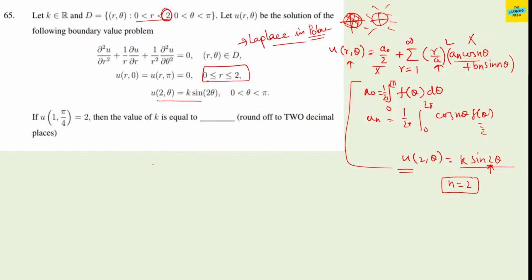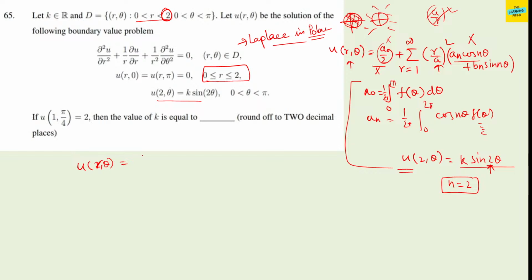This is the inside circle case, and for the outside circle, this r by a is just a by r. Only that changes. So u(r, theta), if we put a equal to 2, a0 is not present, so we discard it.